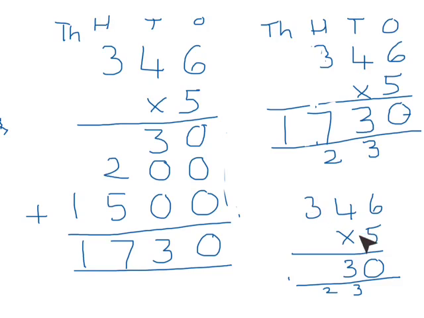Five times 3 is 15, and the 2 there is 17. My answer to 5 times 346 is 1,730.